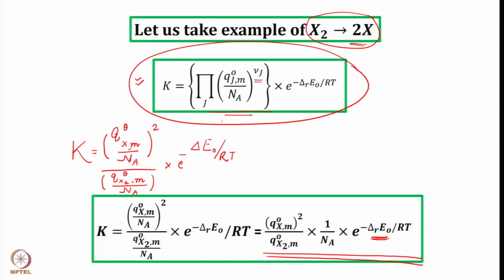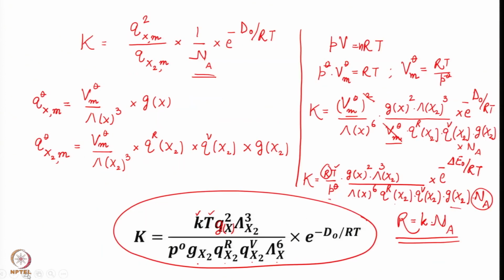And how it is a ratio is, since your reaction is x2 going to 2x, it is qx square divided by qx2, and since each q is divided by Na, you have 1 by Na in the denominator, then exponential minus d0 by RT.